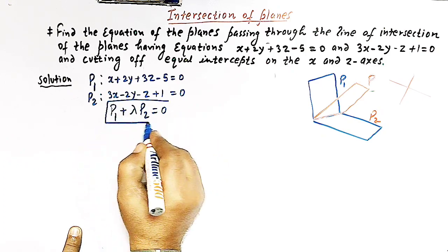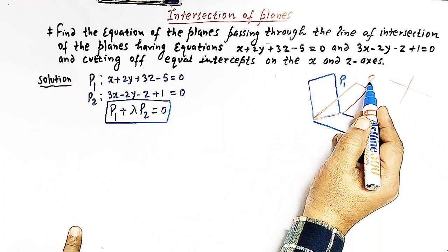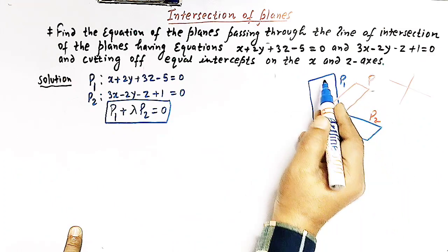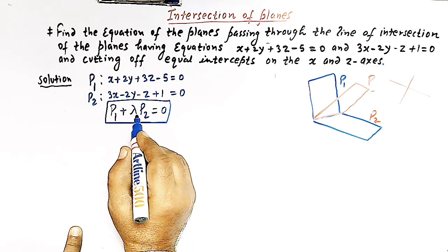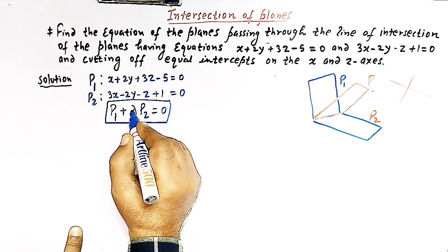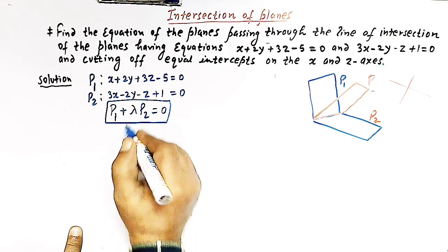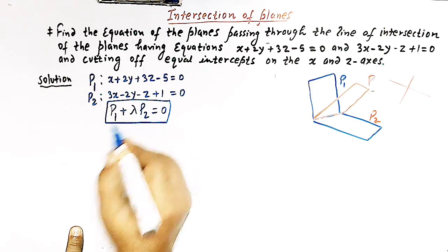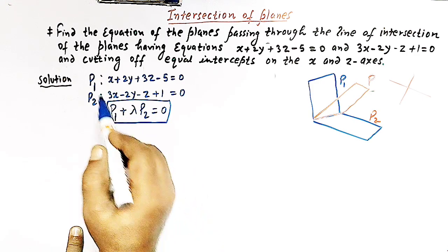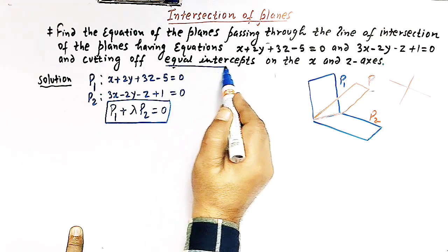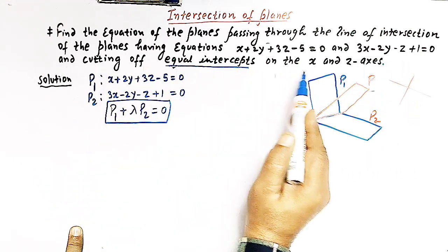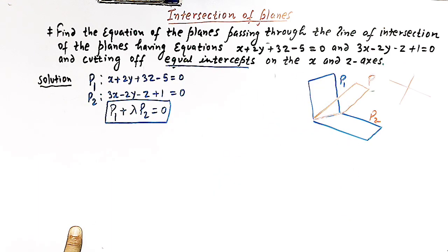So this is the equation of plane P which passes through the intersection of these two planes P1 and P2 for some value of lambda, and here lambda is a scalar, and we'll find out the value of this lambda by using this condition which is given as cutting off equal intercepts on the x and z axis.